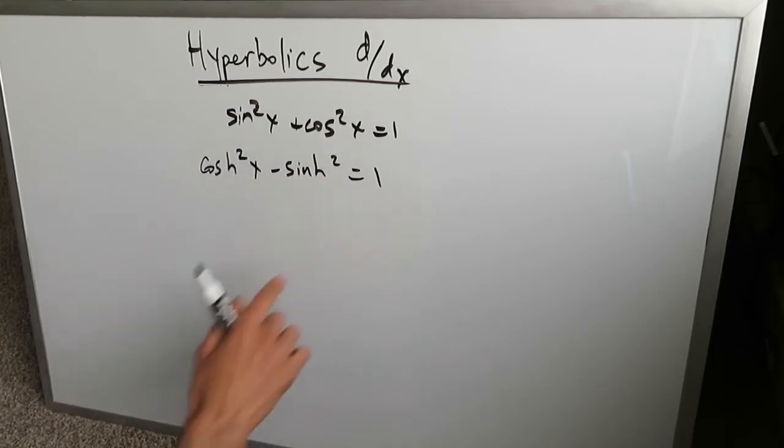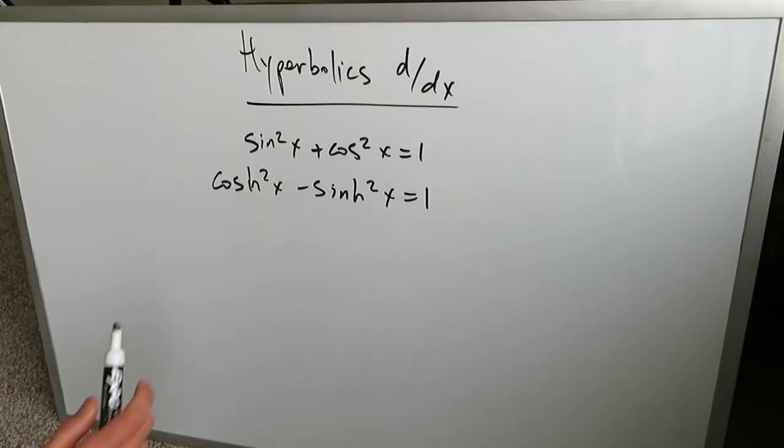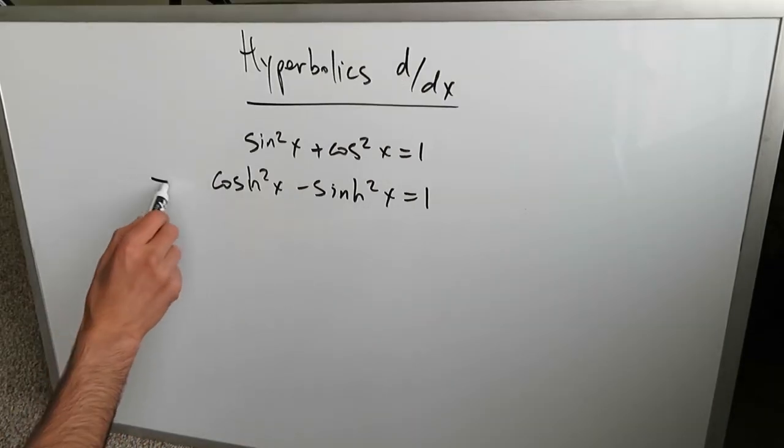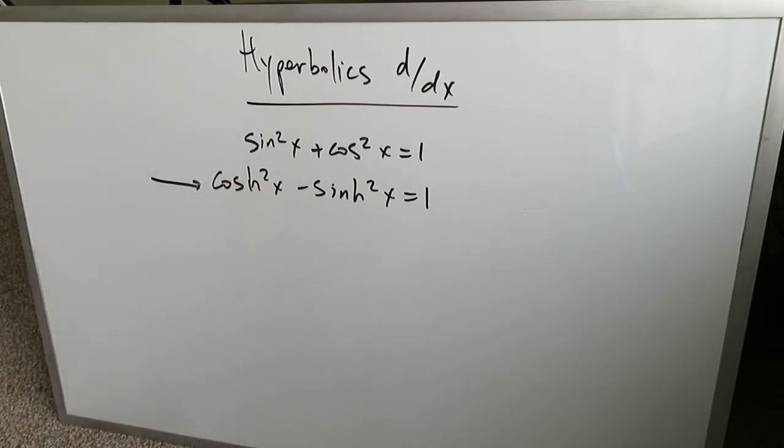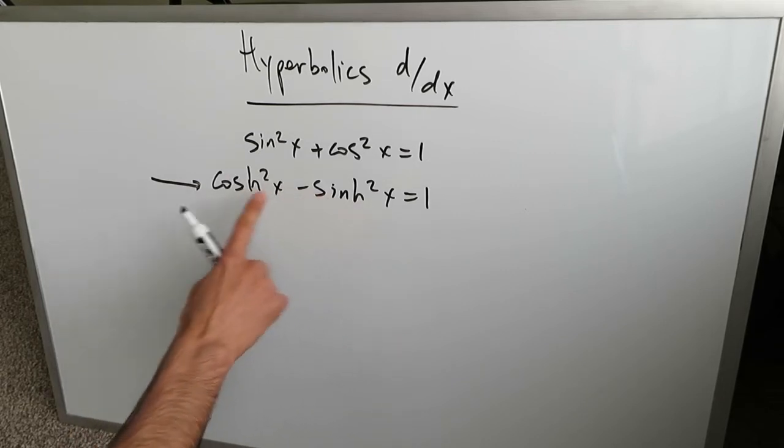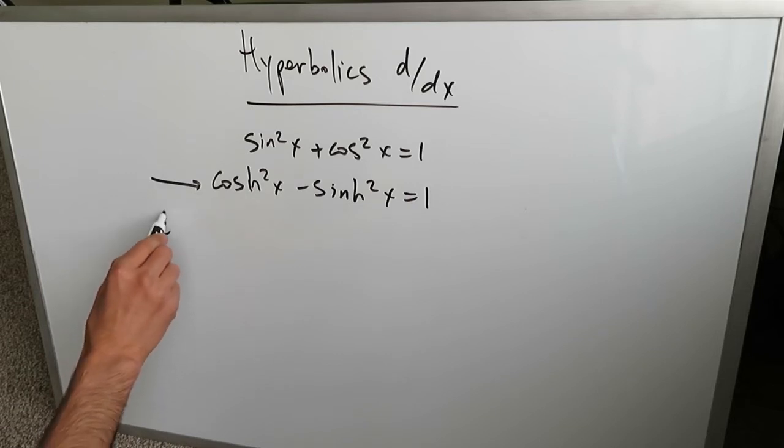This right here is the hyperbolic identity version of this for the trigonometric. So when it comes to proving this hyperbolic identity, which I've shown you in my hyperbolic function video, and I'll do it again, you just have to incorporate their basic function definitions for each of these, and this is how you would proceed.